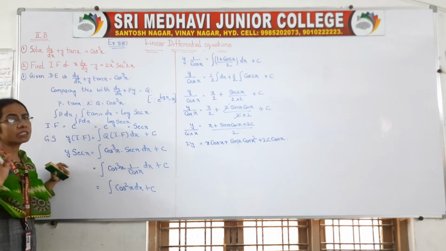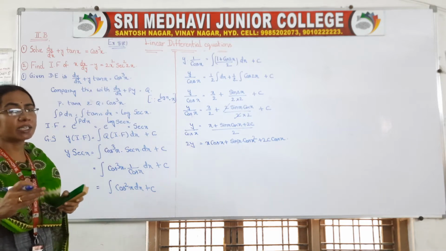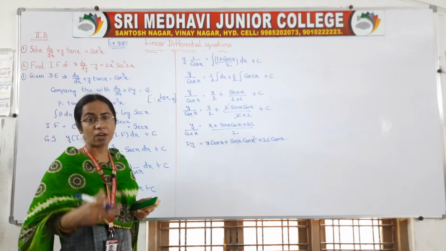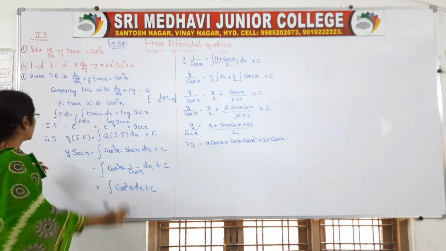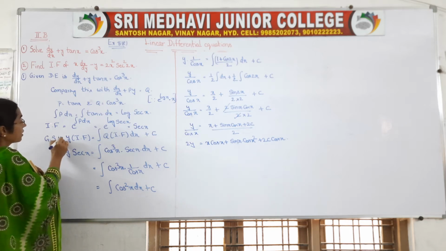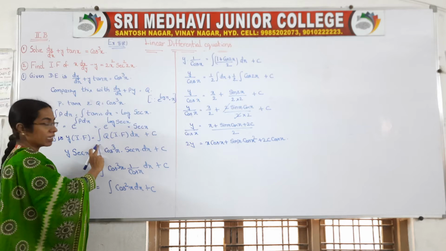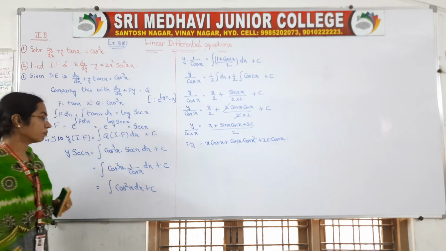In all these differential equations, we have to find the integrating factor. Once we get the integrating factor, we have to write the general solution: y into integrating factor is equal to integration of q into integrating factor into dx plus c.